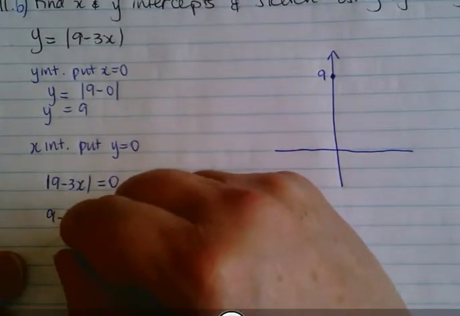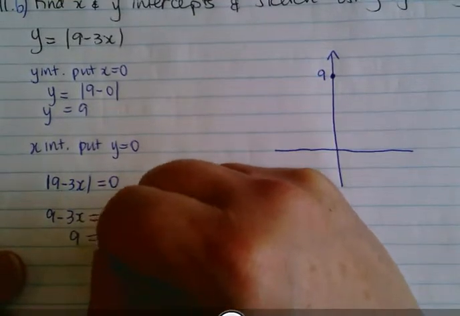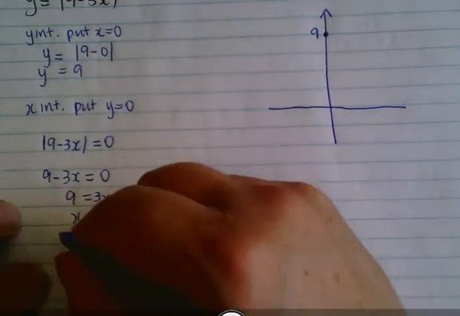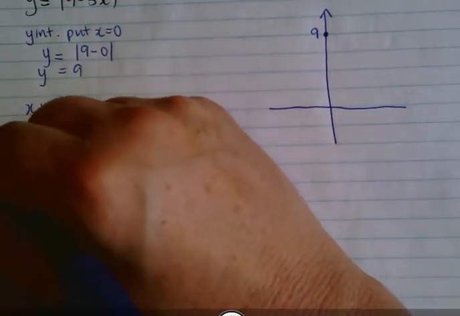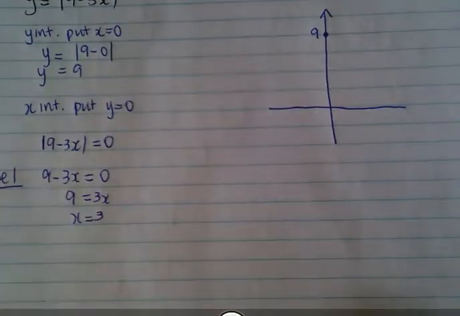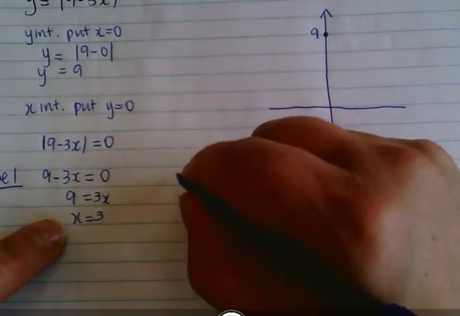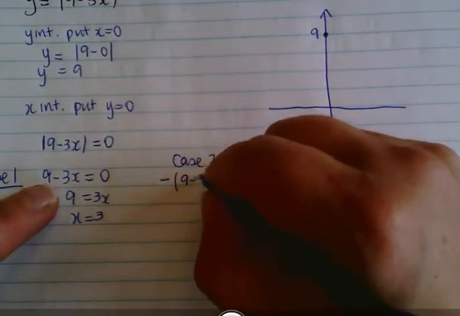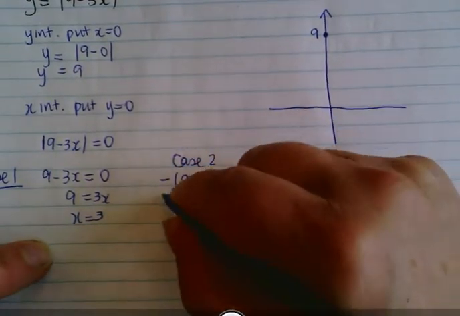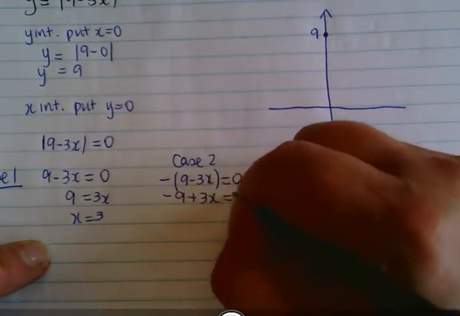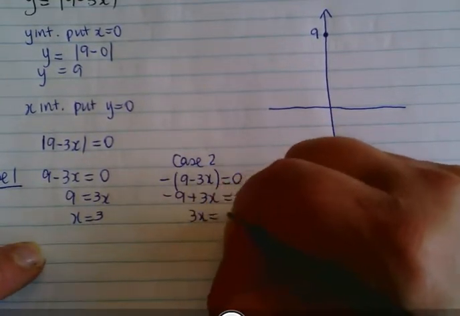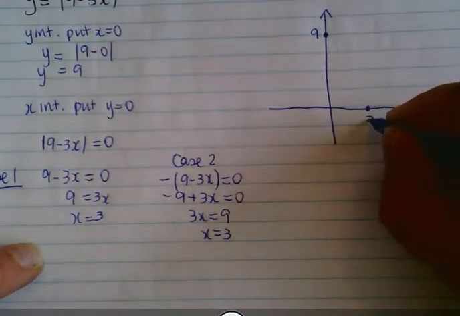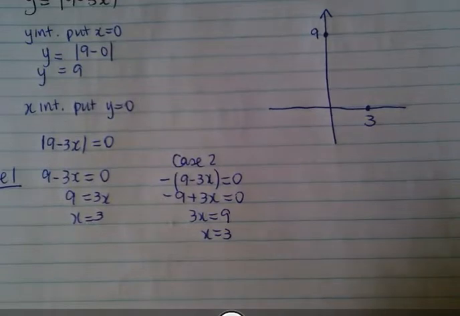So solving that, we get 9 equals 3x, or x is 3. That's case 1: 9 minus 3x equals 0. And case 2 would be the negative of 9 minus 3x equals 0, so negative 9 plus 3x is 0. We actually just get the same answer, that 3x is 9 and x is 3. So I'm going to put in my x-intercept of 3.